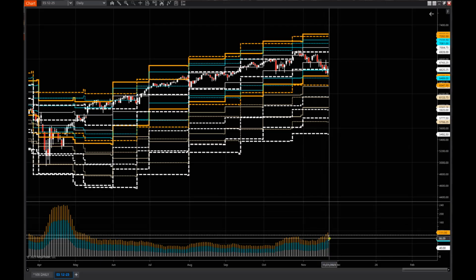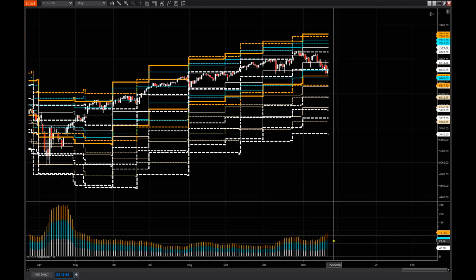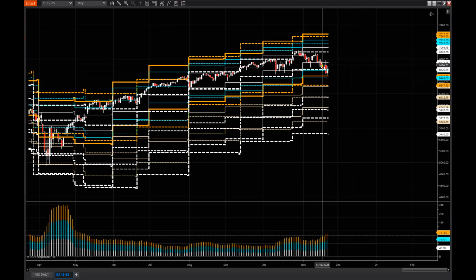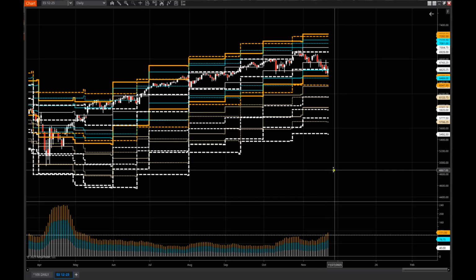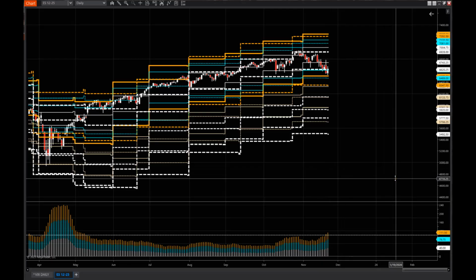We need a contraction at least one day, Monday, close at a lower level point range to get us into risk on mode back. Because right now we're still in risk off with the range expansion. So this is something that you can do with JATS PT, is look at these higher time frames.